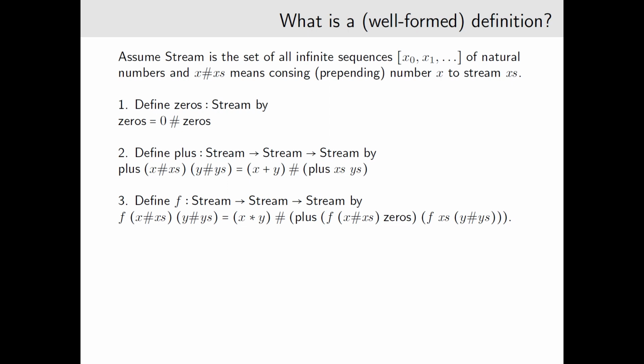In this case, we know what the first element is: the product of the first elements of the inputs. And then we go into this corecursive context, and we apply this operator plus that was previously defined. And it happens that this operator is corecursion friendly, so to speak, so it is able to actually absorb the items that f is producing. So again, there's a productivity argument that in the end leads to the existence of a unique function f.